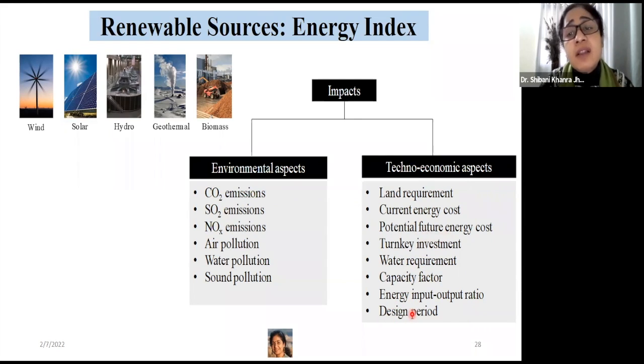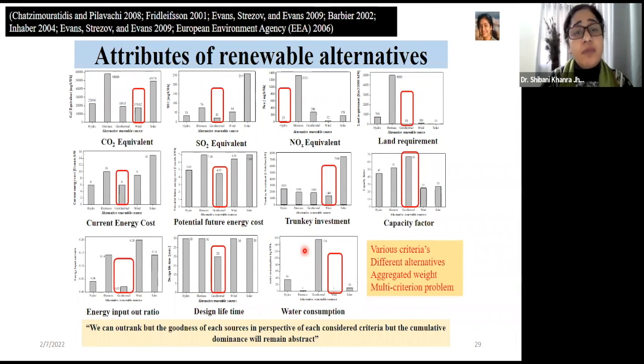So we have taken these aspects into consideration, and then each of these alternatives has been evaluated based on these aspects. So these aspects are considered as attributes or criteria for each of these alternatives, which have to be evaluated. So the data was looked into, how the data is varying with respect to each of these alternatives.